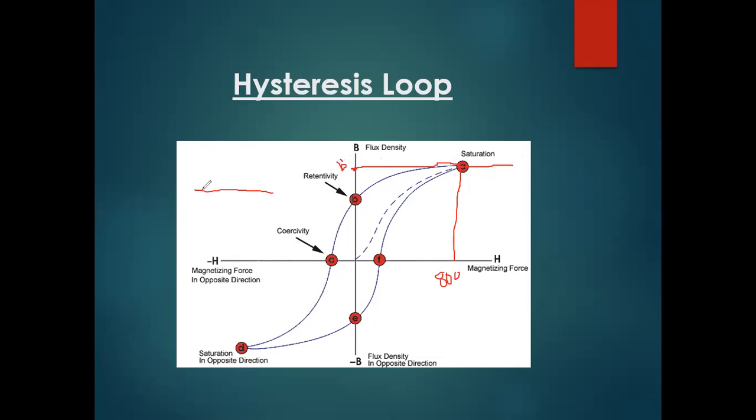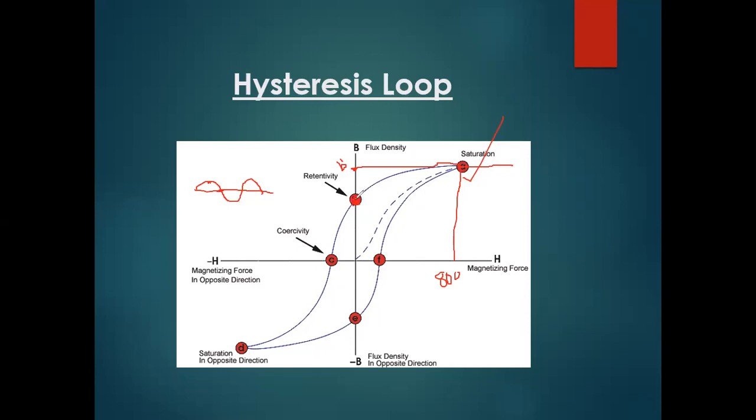Now you know the AC current is flowing from positive to negative, negative to positive. When current is flowing at this point, you will get this point. After that your current is flowing here. At this particular point, there is no current flowing in the specimen. There is zero current in the specimen. We get the magnetic field when current is flowing; now there is no current flowing, so this field is reduced.